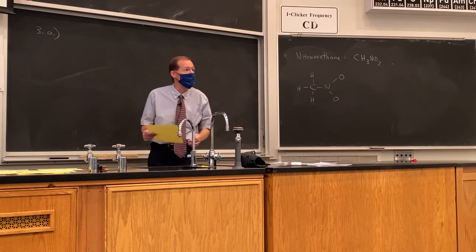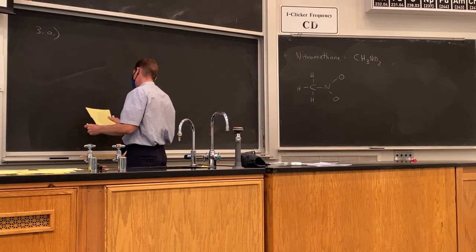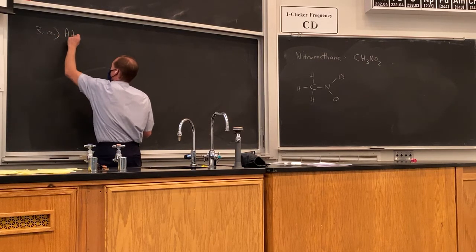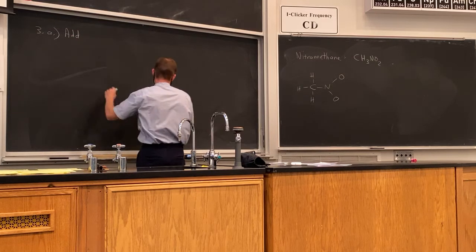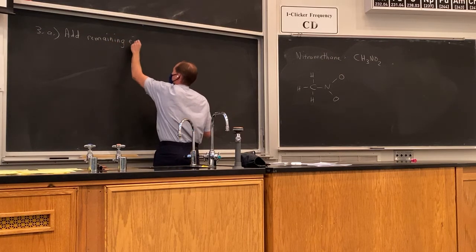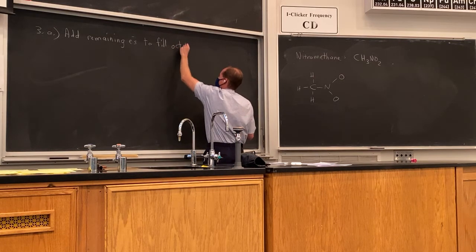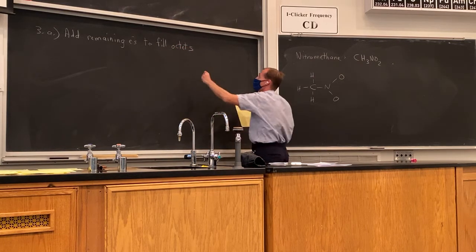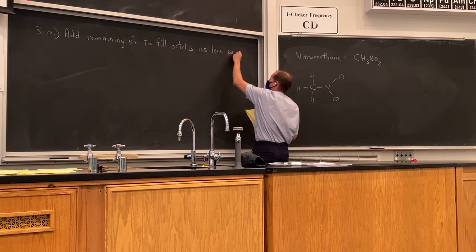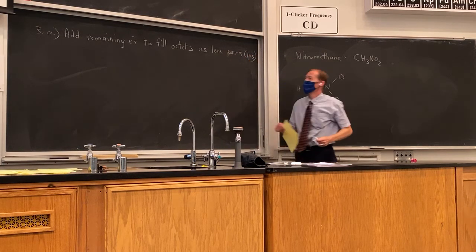You can combine these 2 steps, but we'll do them one step at a time for this particular example, splitting part 3 into A and B. So we're going to add remaining electrons to fill the octets of any atoms that don't have the octet as lone pairs. Okay, we'll abbreviate lone pairs as LPs frequently in this class.